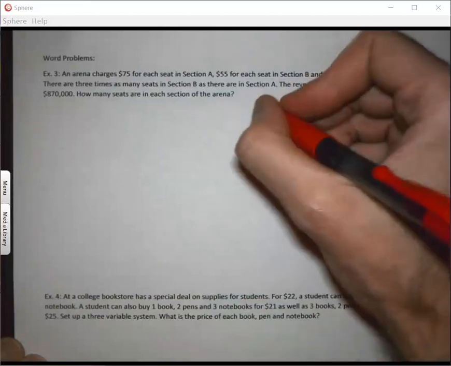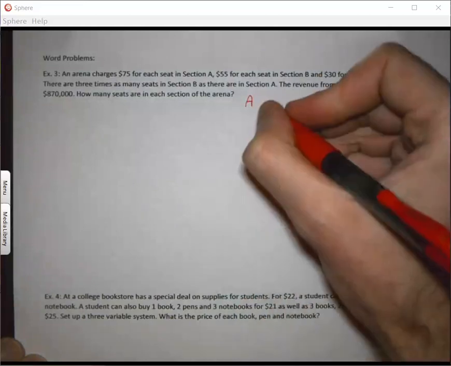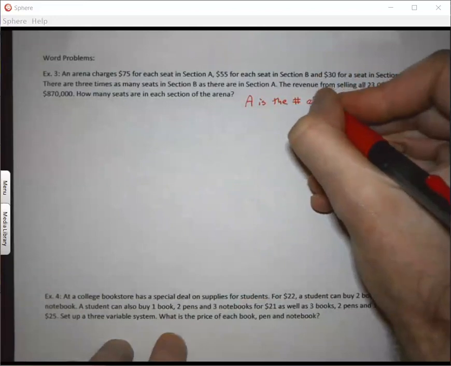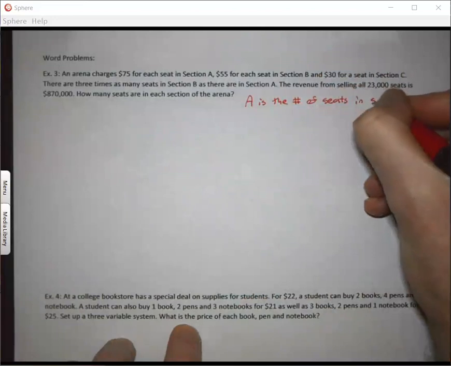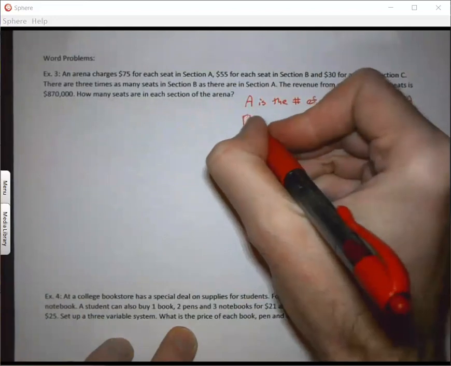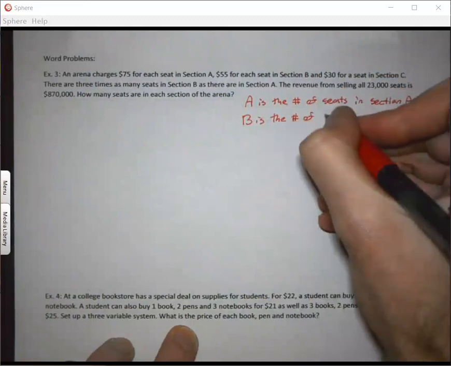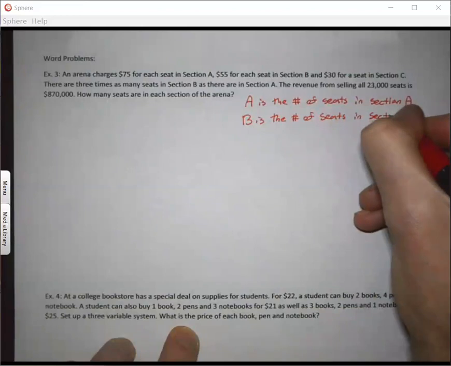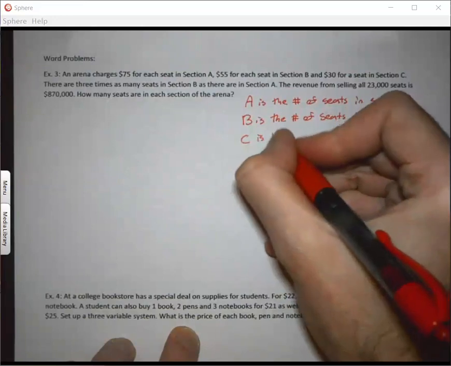So let's let A be the number of seats in section A. B is the number of seats in section B. C, number of seats in section C.